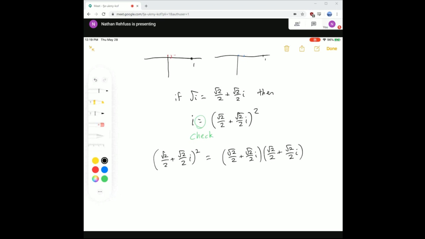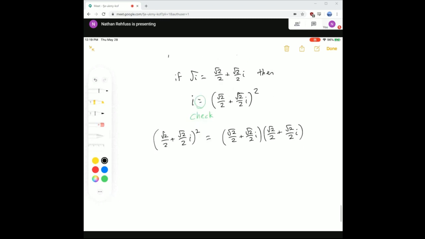It's time to FOIL. And I am going to write this one out, because otherwise what would be the point? First, root 2 over 2 times root 2 over 2. Outside, root 2 over 2 times root 2 over 2 i. Inside, root 2 over 2, root 2 over 2 i. And last, root 2 over 2 i, root 2 over 2 i.